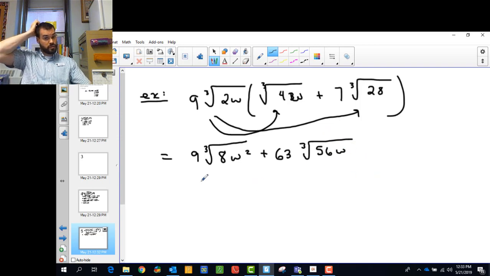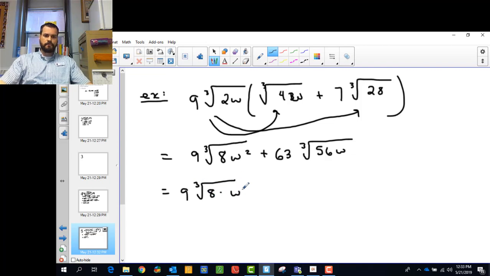All right, and then what we do is we try to simplify. So I'm looking now, because it's a cube root, I'm looking for perfect cube. So 8 is a perfect cube. W squared, I can't do anything with that because it has to be at least 3, so I leave that alone. And then I'm looking for a cube root that goes into 56.